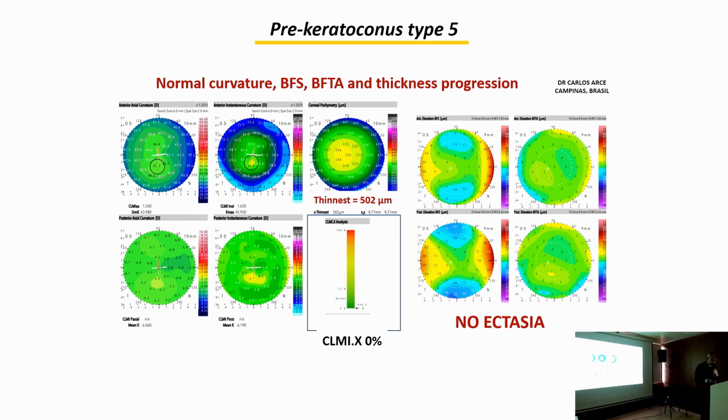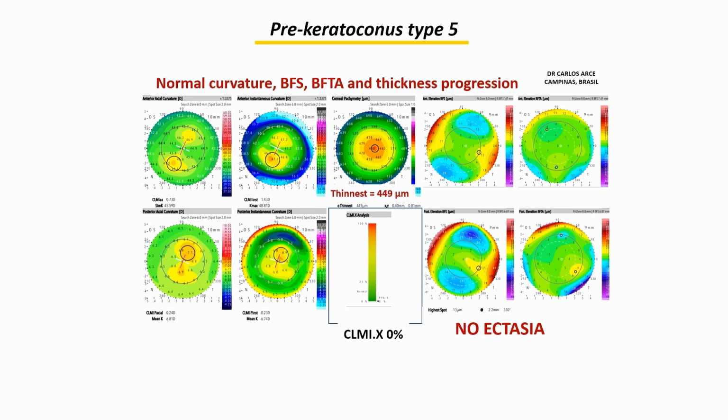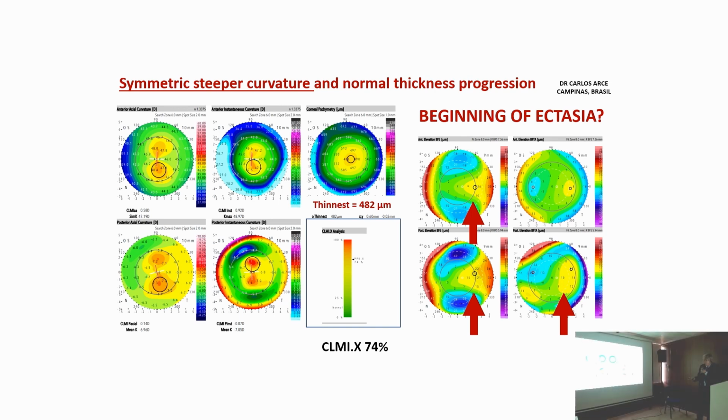Okay, if you see only the curvature maps, you will see practically normal corneas. And another one without ectasia and CLMI 0, despite it has 449 of thinnest point. And this is perhaps beginning the ectasia. We begin to see the yellow in the Galilei coming to the center.